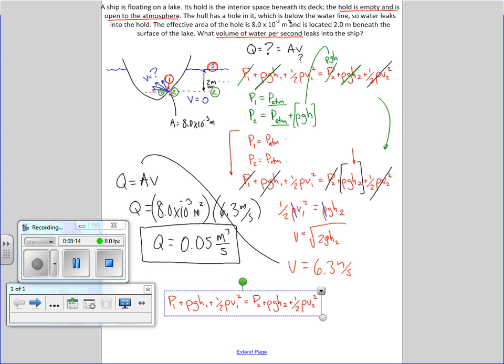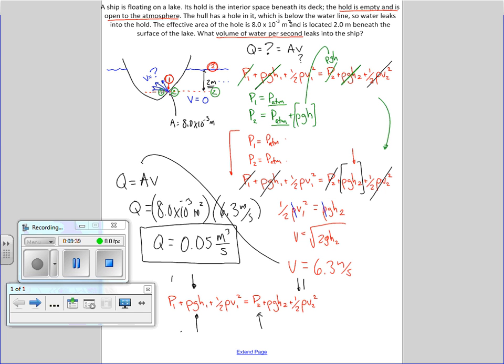Questions like this have to be a case where you're trading something like a high pressure in one area for a high speed in another, or a high height of water in some place for a high speed of water in another, or a high height of water in one place for a high pressure in another.